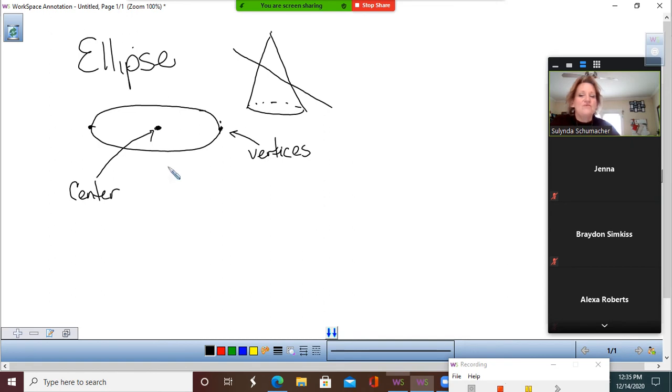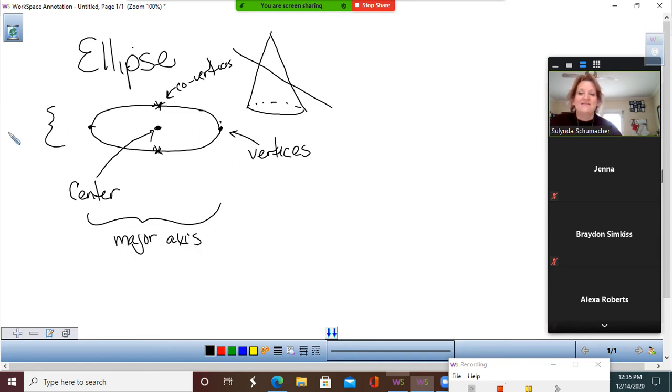The short direction that it's stretched, those two sides exactly across, are called the co-vertices. This whole length of our ellipse is called the major axis. The short side, it's going to shock you, is called the minor axis.